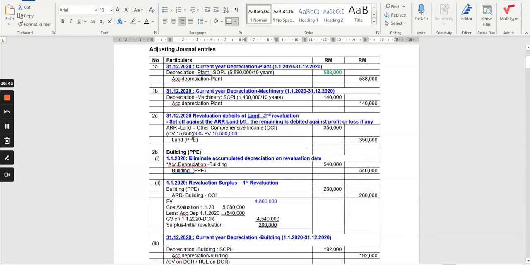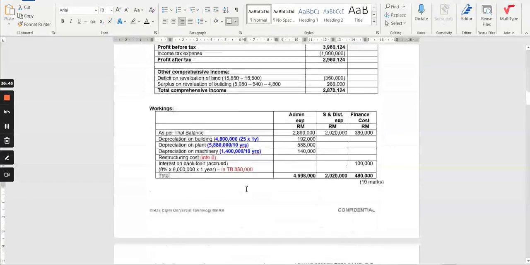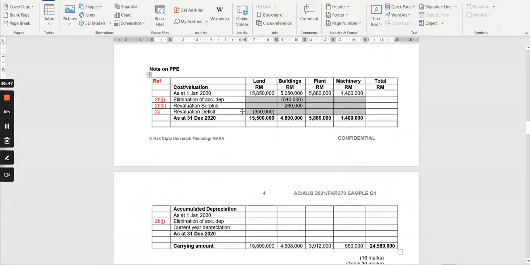Because you have now revalued the building. And then there is a surplus and deficit. Surplus relates to the building, deficit relates to the land. So that was under adjustment 2B2 and 2A. And for machinery, no changes. It was just as it is as at 1st of January.